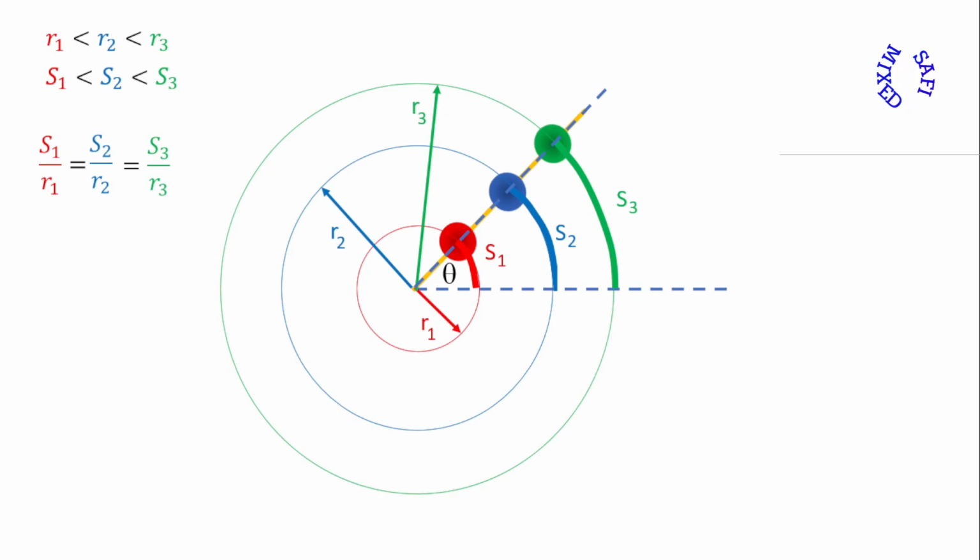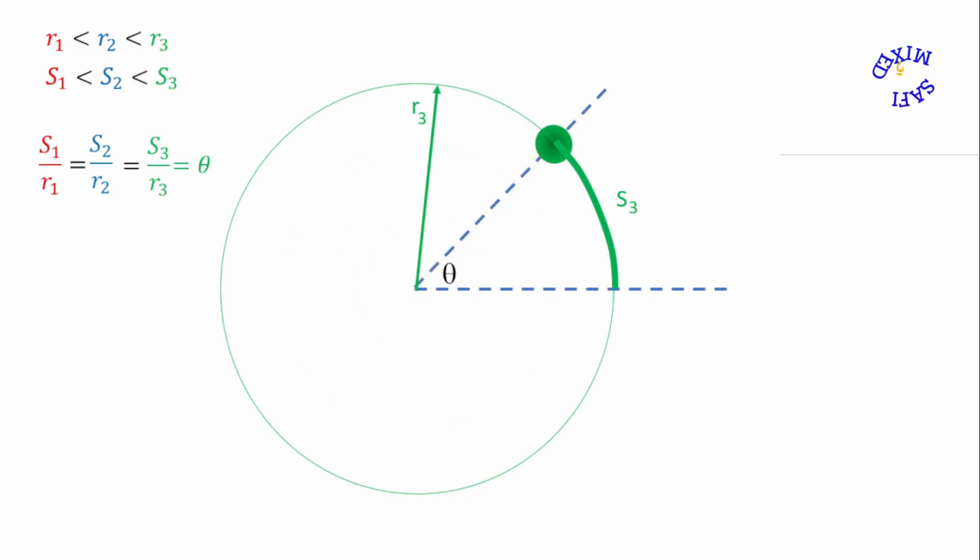This important ratio is then exactly equal to the central angle subtended by this motion at the center of this concentric circle. In general, we describe this relation for any circle like this one, where I have taken a single circle in green color and I'm representing the arc length with S, the radius with R, and the central angle theta.